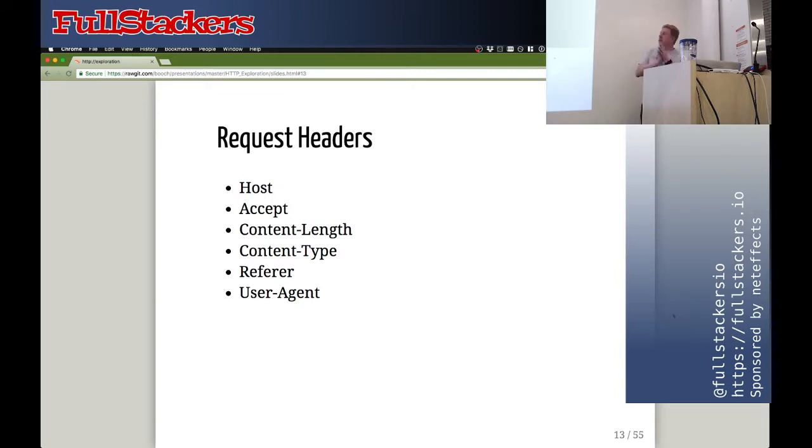So request headers. The most common request headers you're going to see: the host header is required in almost all cases, except for an older version. Actually, I should probably tell what each of these things is. So the host header, let's say you're Google and you've got google.com and you've got alphabet.com, and you've got them both on the same server.